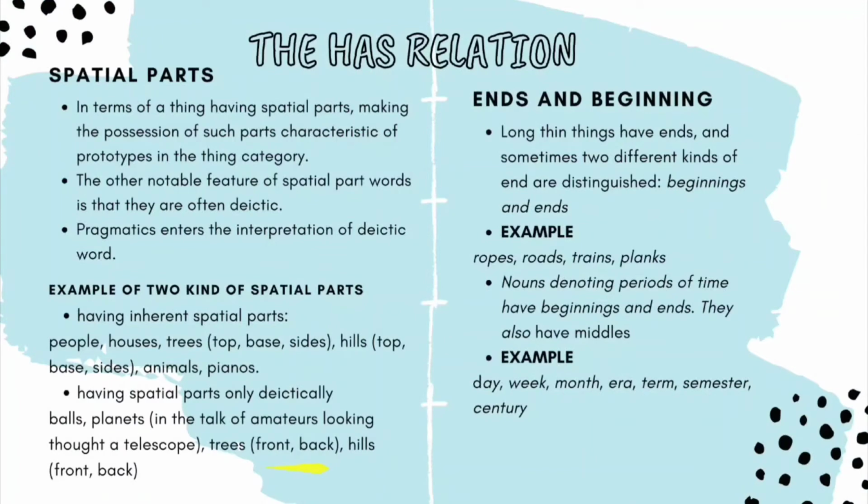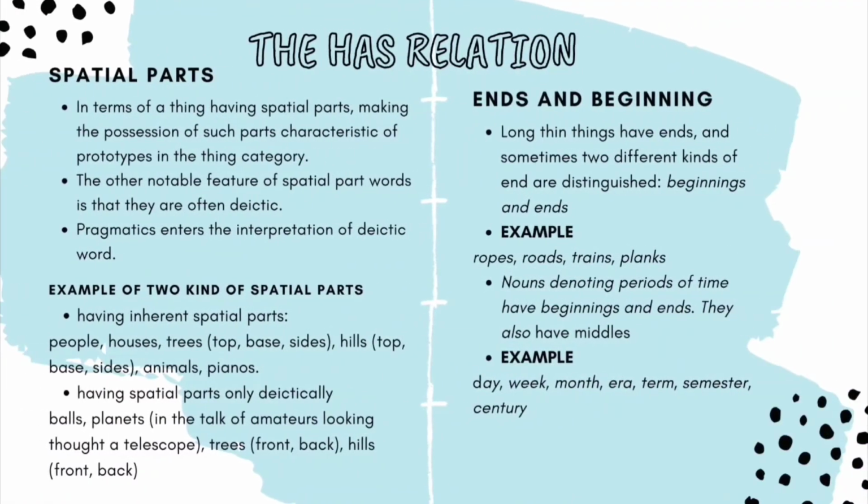Trees have front and back, and hills have front and back also. For a fuller account, for instance, it is possible to get deictic centrality to someone being addressed, as when speaking from behind a tree, a person says, just open your eyes and you'll see the notice from where you are. It is found on the front of the tree.